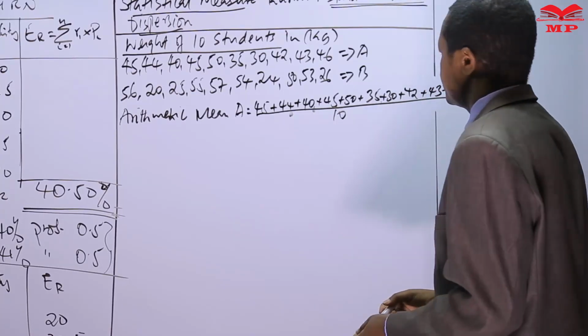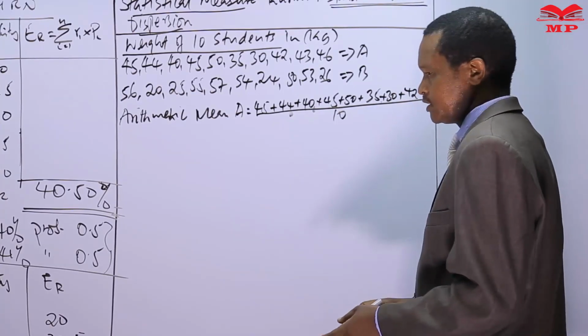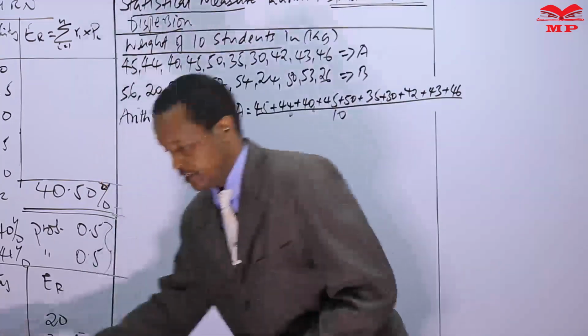Divide that by 10. That will give us the arithmetic mean.